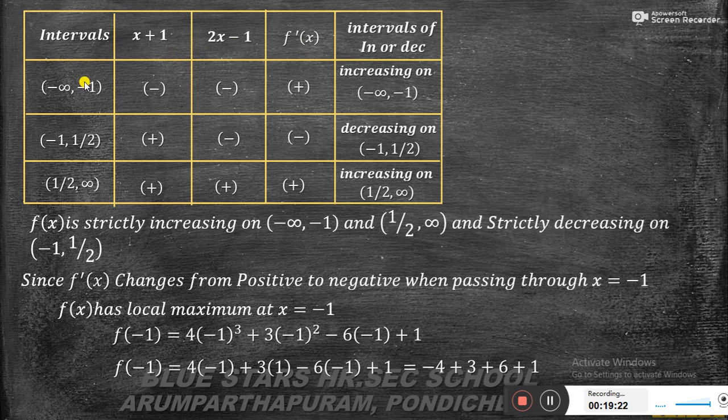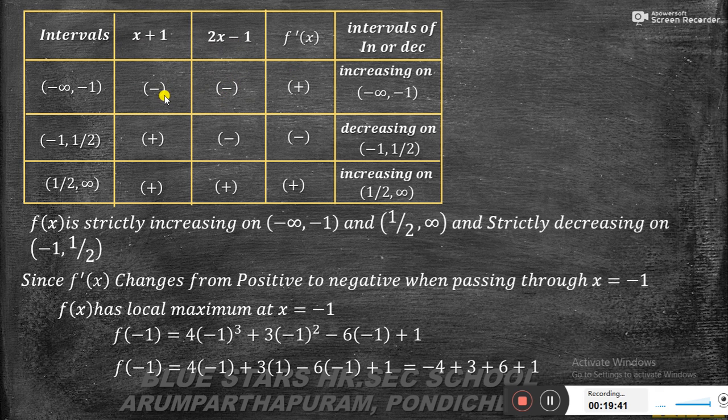I substitute any number from the first interval, suppose x equals minus 2. Then x + 1 is minus 2 plus 1, so the sign is minus. Next, 2x - 1 with x equals minus 2 is minus 4 minus 1, which is minus 5, so the sign is minus.